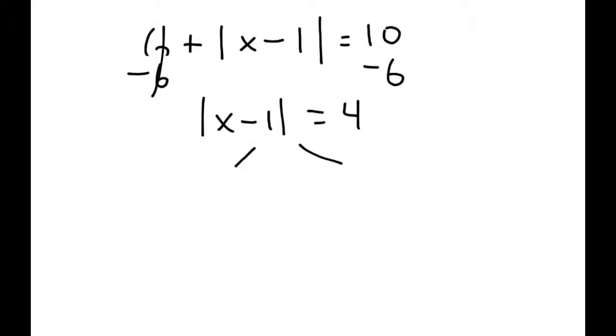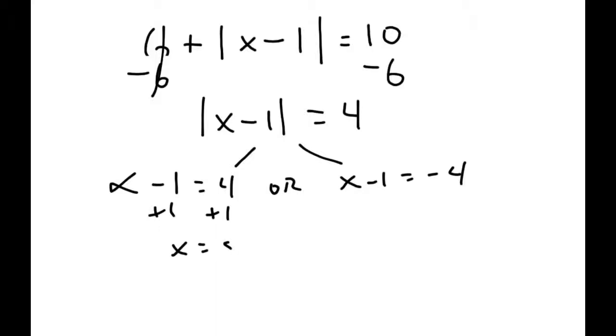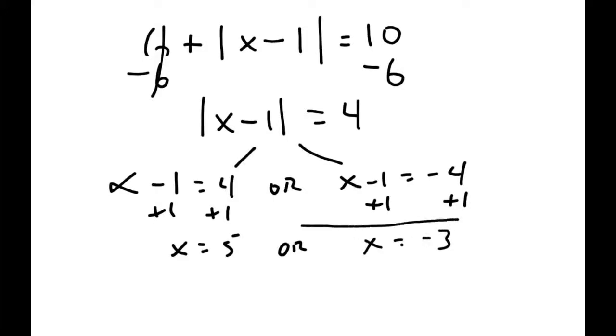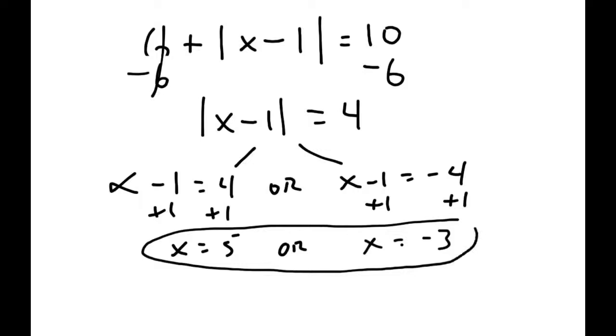Now I break it up into two parts. x minus 1 equals 4, or x minus 1 equals negative 4. Add 1 to both sides, x equals 5, or add 1 to both sides, x equals negative 3. Two solutions. Plug the numbers back in if you don't feel good about it or you just want to make sure.